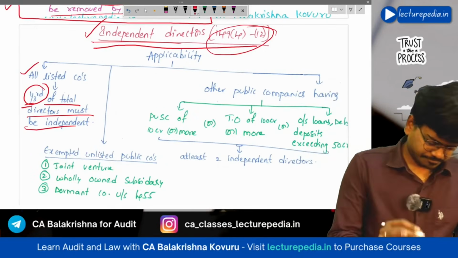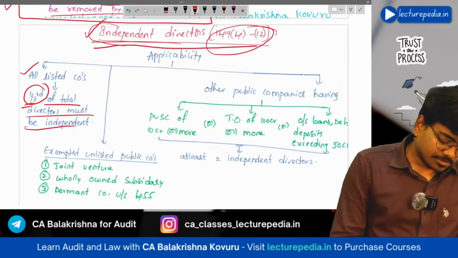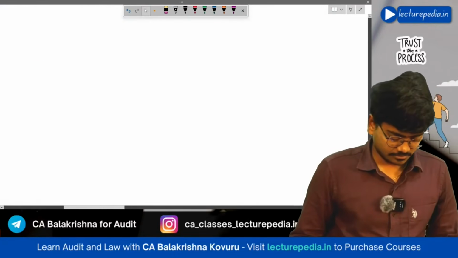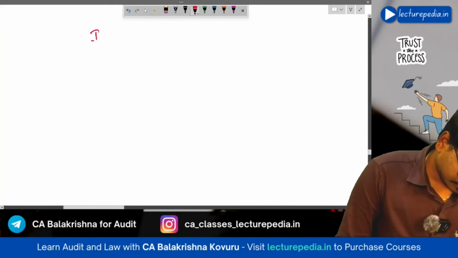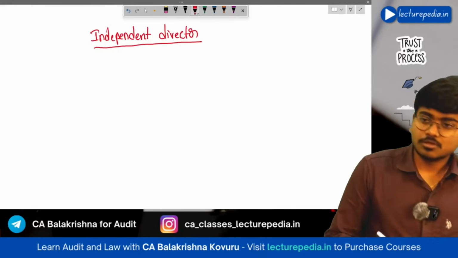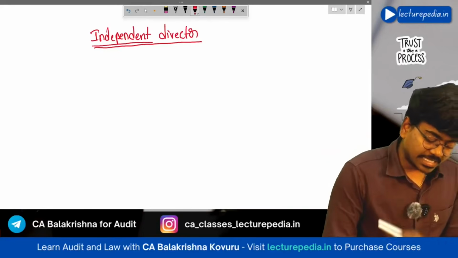Now first of all, before going into that applicability, what is meant by independent director? The name itself suggests that he is not dependent.